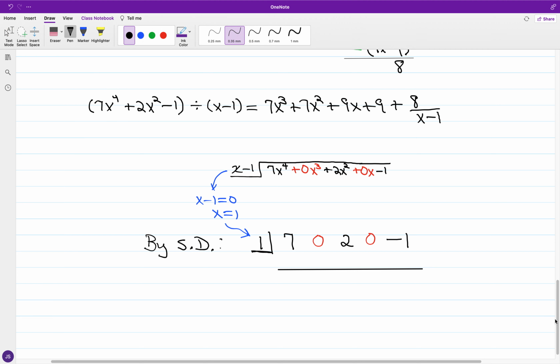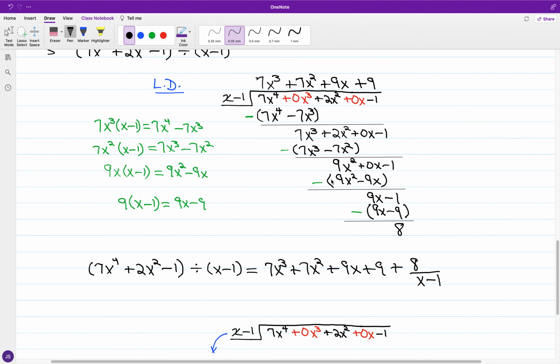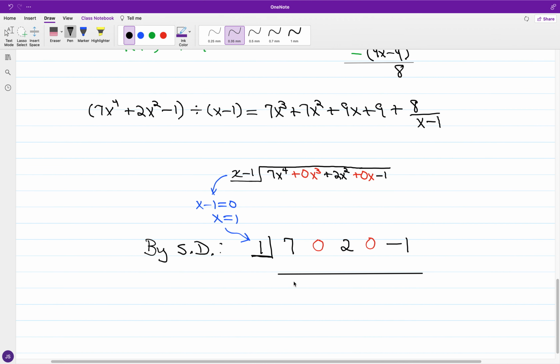Now again with long division, you're looking at row by row subtracting. Now for synthetic division, you're going to be looking at column by column addition. And so you have quite a change in the technique, plus you'll be saving quite a bit of space potentially.